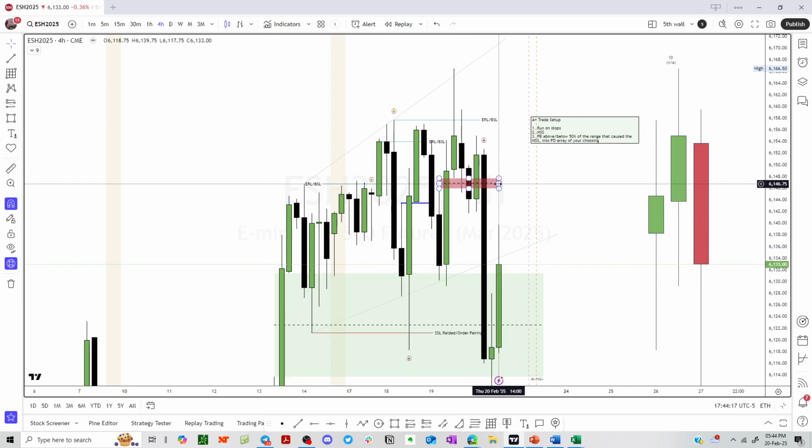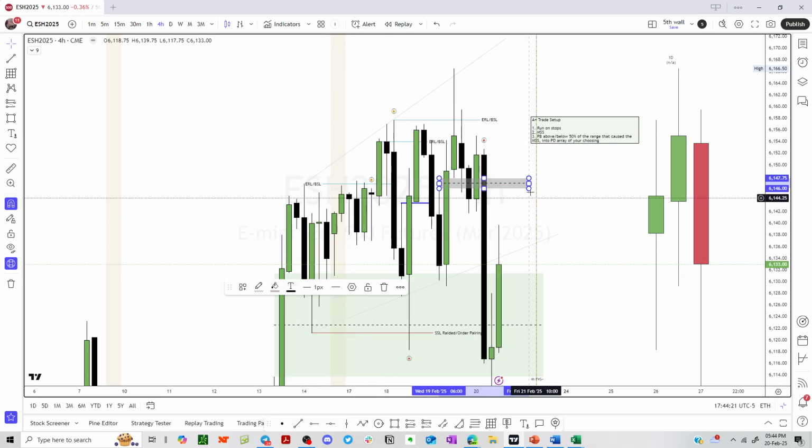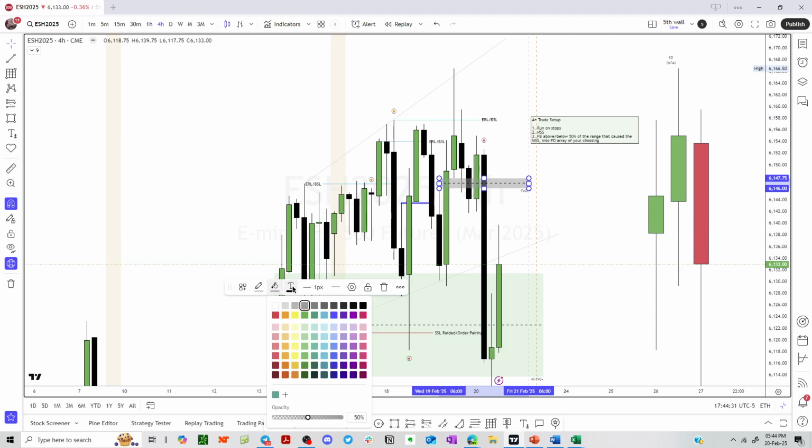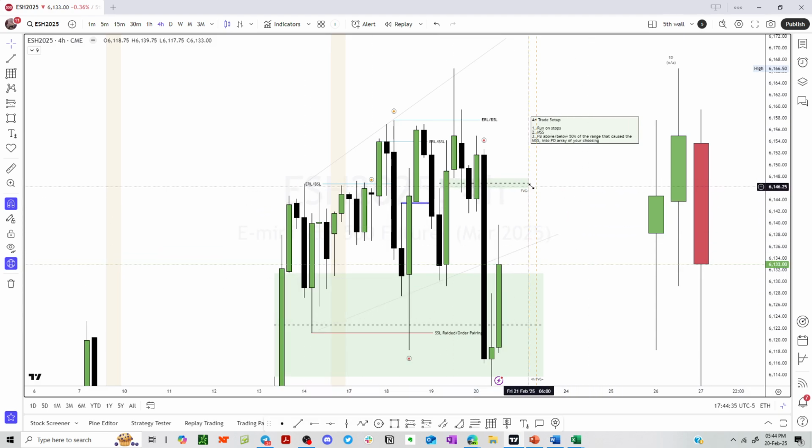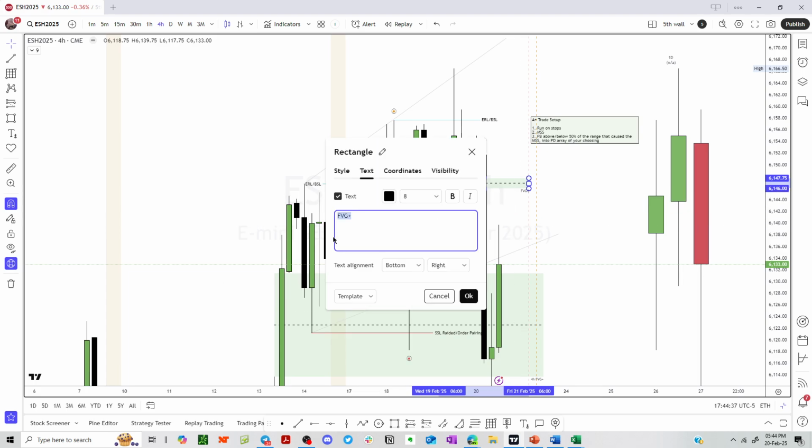So we'll leave this here for now, and look at it in relationship to price earlier. We'll make it green for now.